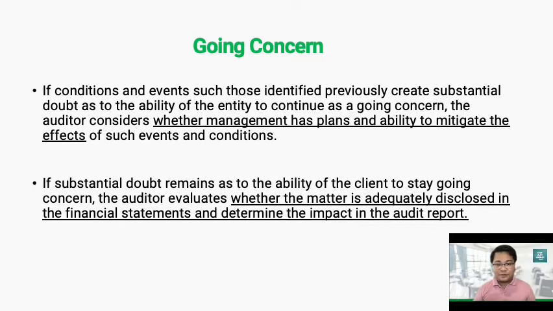Okay, because if there is substantial doubt as to the ability of the entity to continue as a going concern, it will have an effect on the content of our audit report. So once again, we will discuss more of this concept when we go to our discussion of audit reporting.